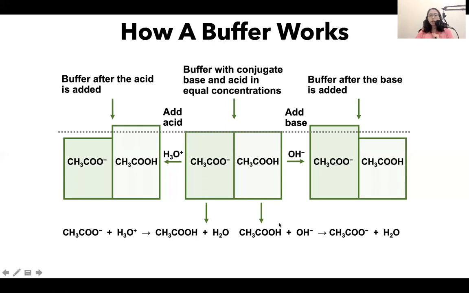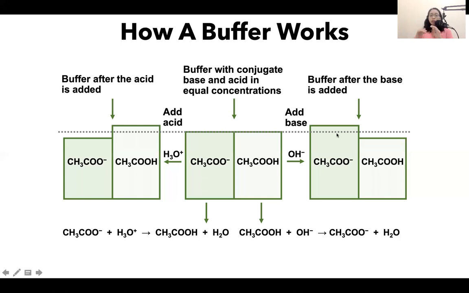So you see the reaction here, acetic acid plus the hydroxide ion. Again, this is a neutralization reaction, and the products would be the conjugate base acetate plus water. So the production of water, that is a hint that it's a neutralization reaction.